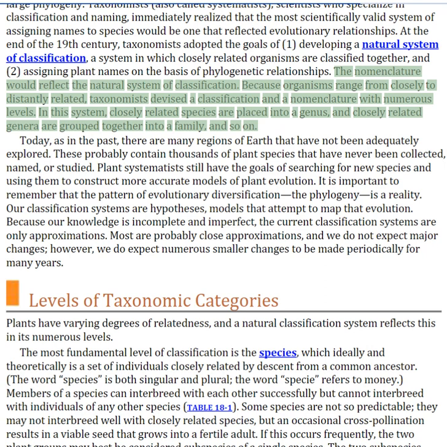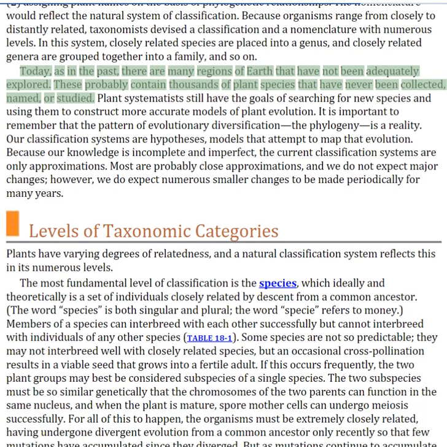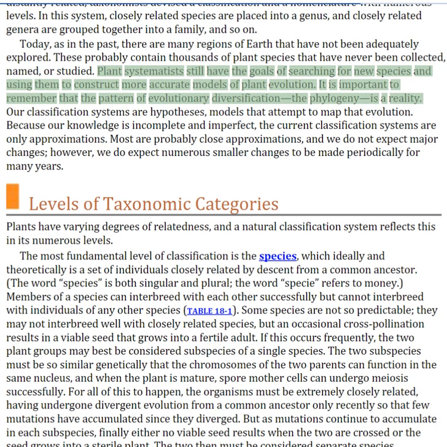Today, as in the past, there are many regions of Earth that have not been adequately explored. These probably contain thousands of plant species that have never been collected, named, or studied. Plant systematists still have the goals of searching for new species and using them to construct more accurate models of plant evolution. It is important to remember that the pattern of evolutionary diversification, the phylogeny, is a reality.